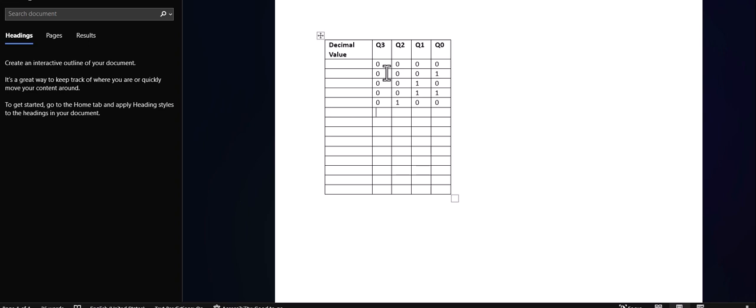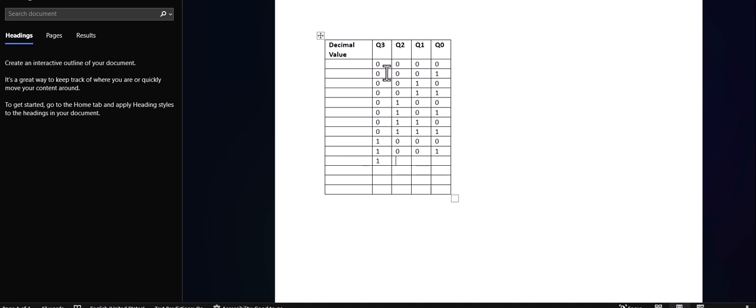Okay, and then on the next step we'll get 0 1 0 1, and then 0 1 1 0, and then 0 1 1 1. Now notice that Q2 and everything to the right of it is 1. That means on the next step Q3 is going to become 1, and Q2 through Q0 will become 0. And then next step 1 0 0 1.